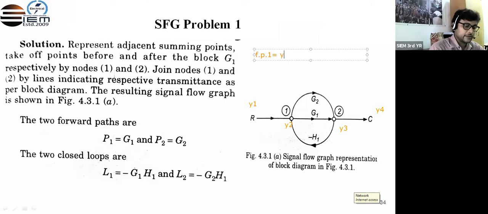That traverses Y1, then Y2, then Y3, then Y4. And what is the gain value from Y1 to Y4? So 1 into 1 into G1 into 1. So it will be G1.